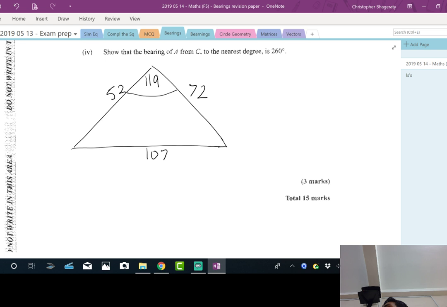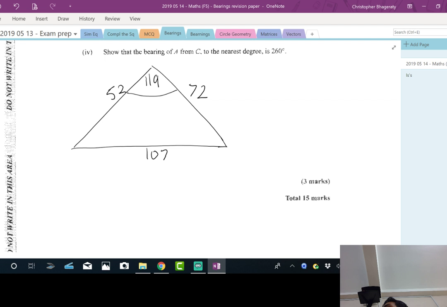The angle between the north line at the starting point and the line joining the 2 points, going in what direction? Clockwise. So let me get a blue pen going here so we can tell the difference in the original diagram. We're going to add on some stuff here. So we have a north line here, and we're looking for this angle here.